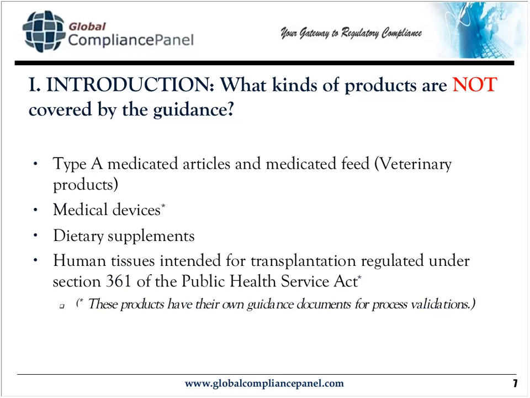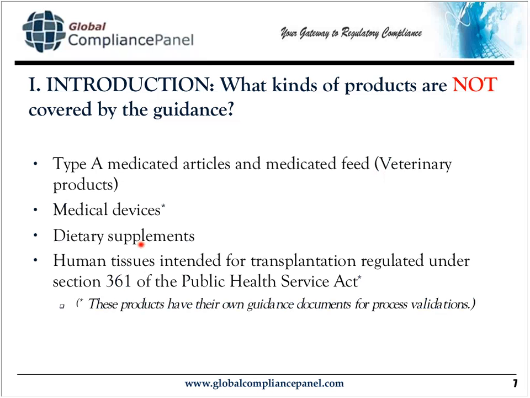The things that are not covered are things like type A medicated articles and medicated feeds. I didn't put it in italics, but basically I've injected here, these are veterinary products. And some of these medicated feeds are the kinds of feeds that are used in feedlots when they're fattening cattle and pigs. Now, medical devices are not covered, and dietary supplements are not covered.